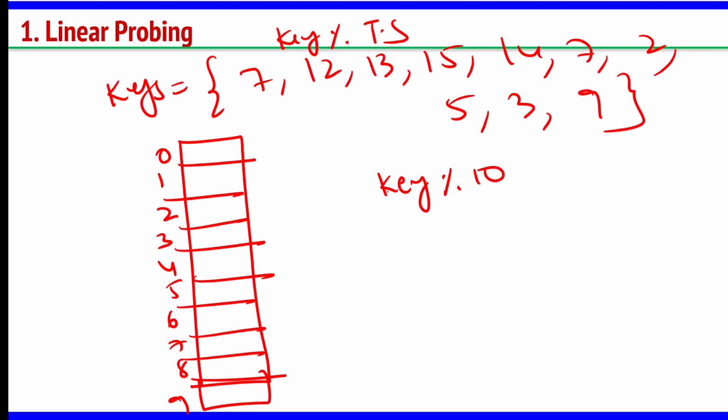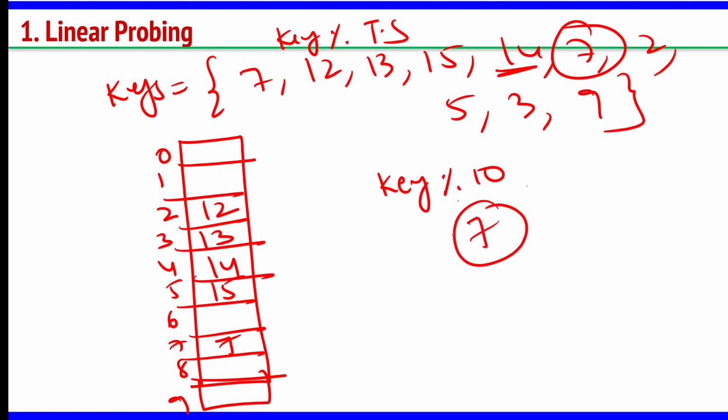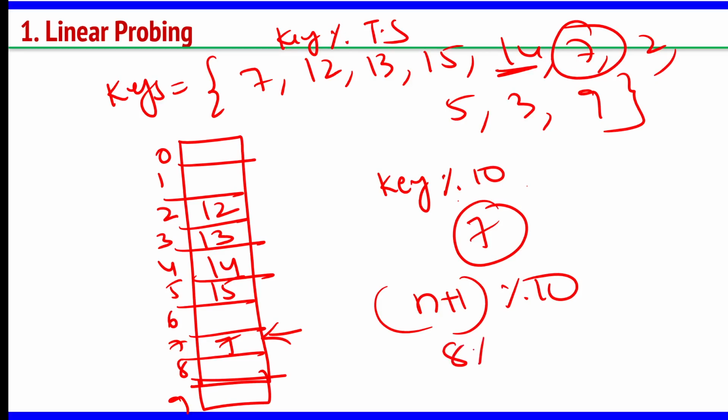Okay. So, fill 7 modulo 10, 7 comes here, 12 comes here, 13 comes here, 15 is okay, 14 comes here. Again see, till 14 okay, when 7 came, 7 modulo 10 gave me 7, but the 7th location is already filled. Then apply the rehashing function, that is n plus 1 modulo 10, that is 7 plus 1, 8 modulo 10 means 8, that is what I said.